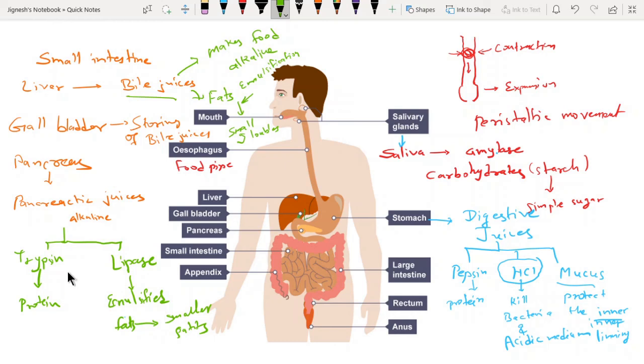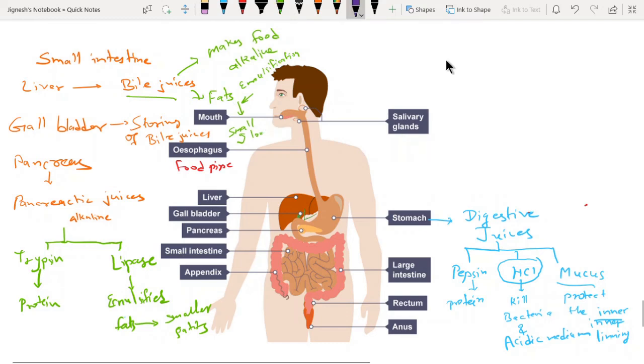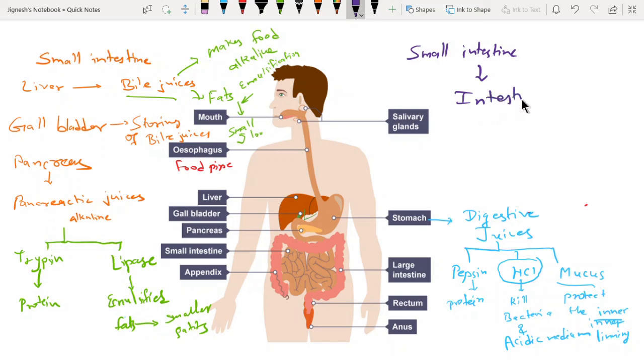Now the real one, which is called the small intestine. This was all about the glands. Now the small intestine releases intestinal juice, and this juice contains enzymes.